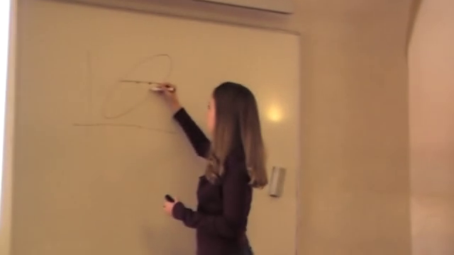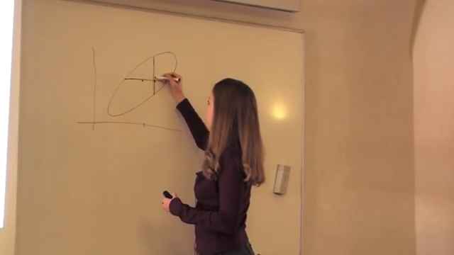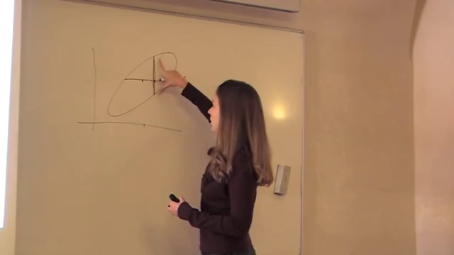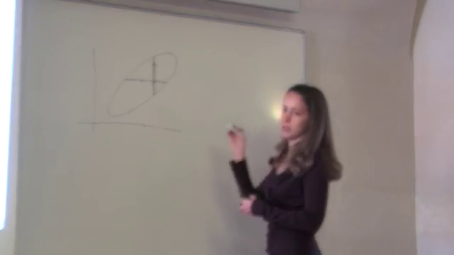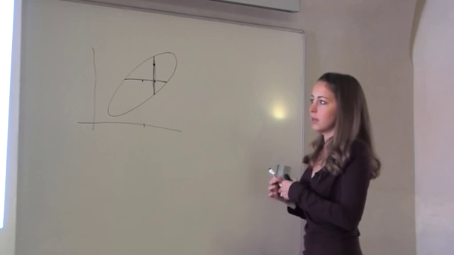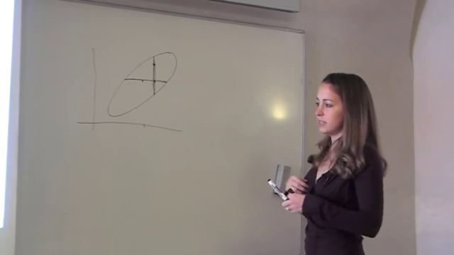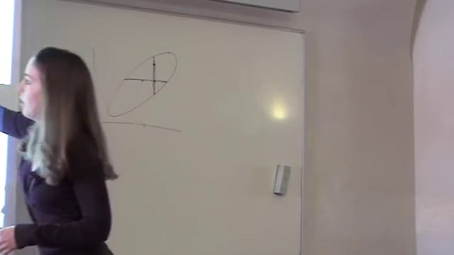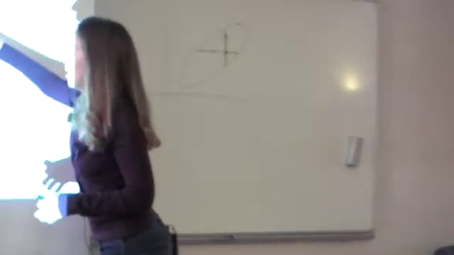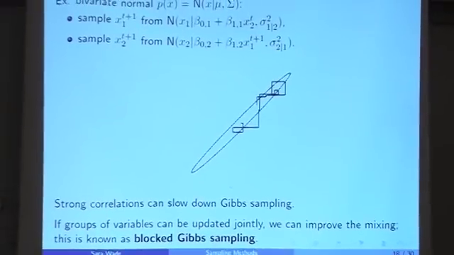Then we sample x2 given x1. It'll roughly be in this interval here. And we keep repeating this to get samples. So you can see that if there are strong correlations, so if the bivariate normal is described by this ellipse here, the mixing can be quite slow.